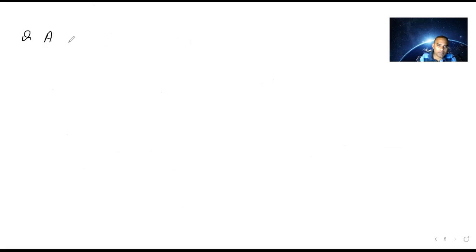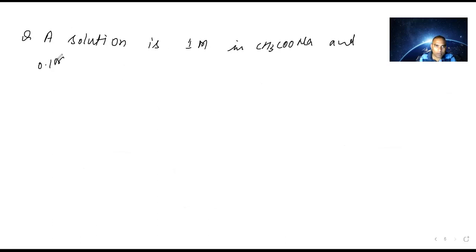A solution is 1 molar in CH3COONa and 0.1 molar CH3COOH.